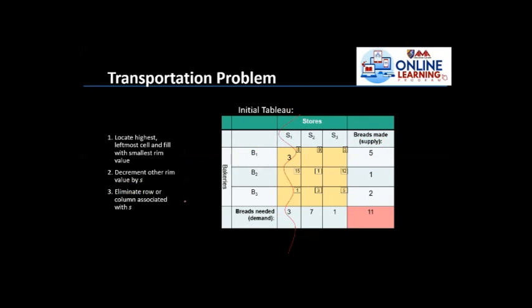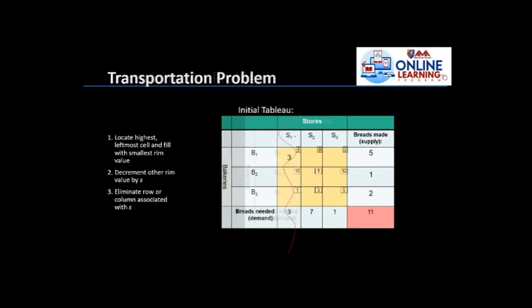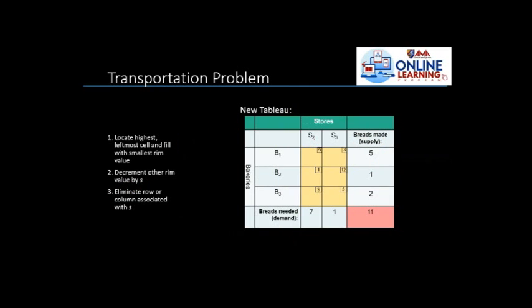Okay? So i-repeat lang natin to na process until ang matira ito. May value na lahat. Gets nyo? So, balik na naman. So, as you can see, natanggal yung S1, 8, 15, 1, and 3. So, tinanggal yung column talaga. Now, balik na naman tayo. Locate the leftmost and highest cell. So, left and right. So, ito.